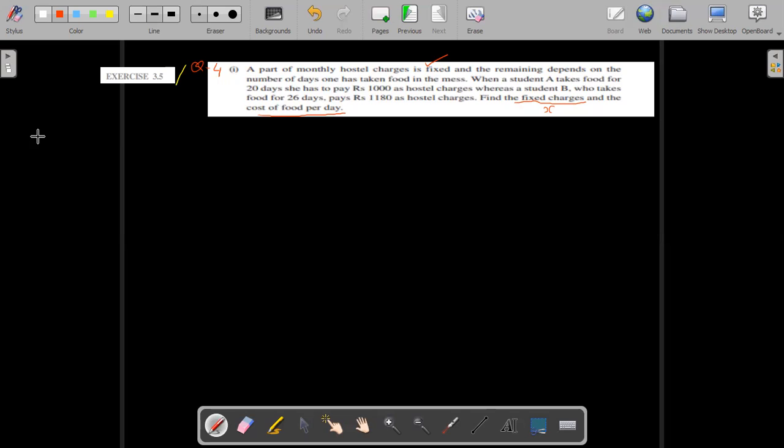So let X be the fixed charges of hostel per month, you can write in detail, and Y is the cost of food per day.